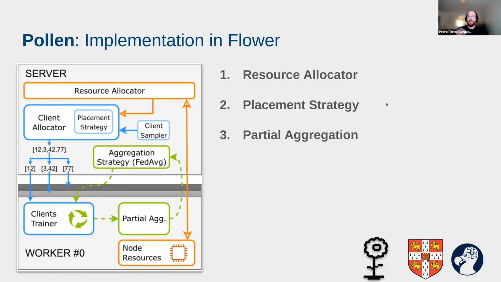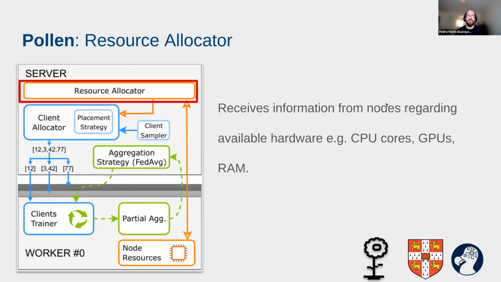We also create a new kind of client that we now call worker, that is able to take a list of virtual clients and process each one of those. But again, this is almost trivial with Flower. So going to the resource allocator, as I said, it is important for this process for us to know what kind of hardware we have, especially when we have different kinds of hardware.